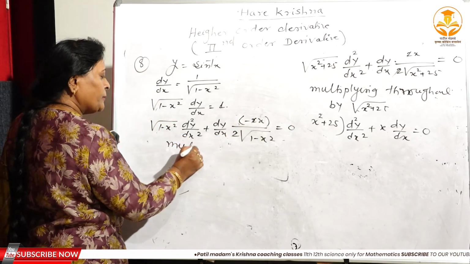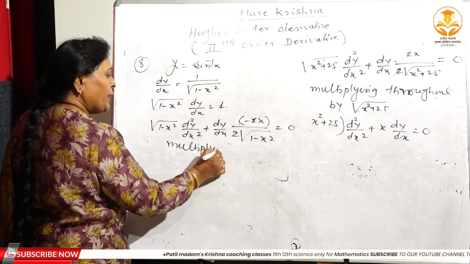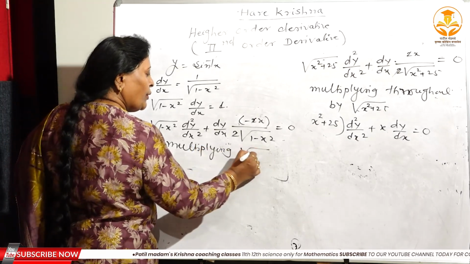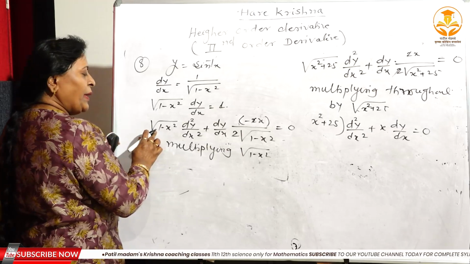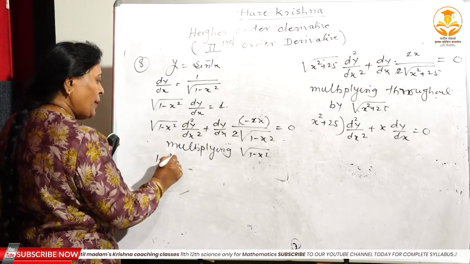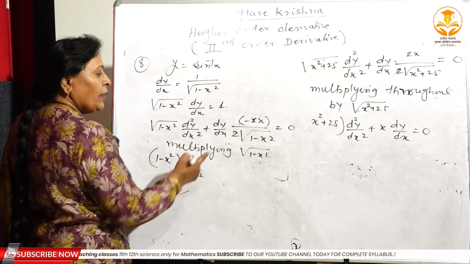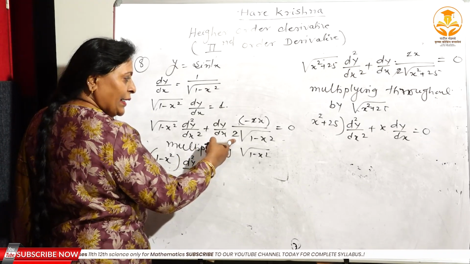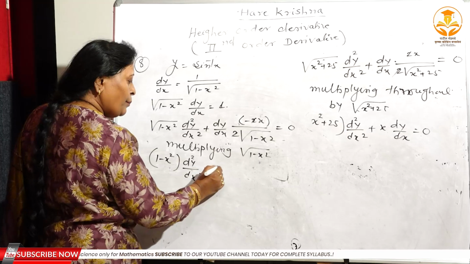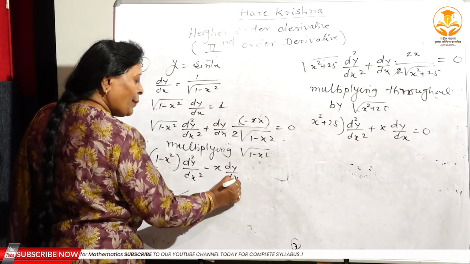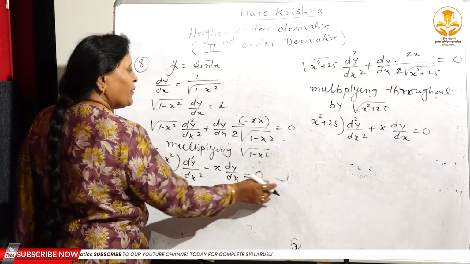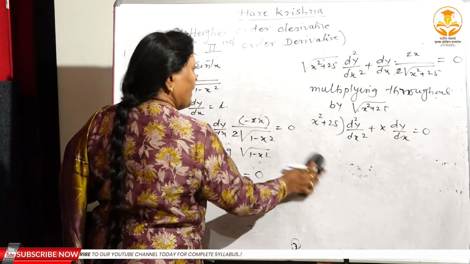Again multiply with root of 1 minus x square. 1 minus x square d2y divided by dx square. Again this gets cancelled. 2 gets cancelled. Minus x dy by dx. This is about the 8th one.